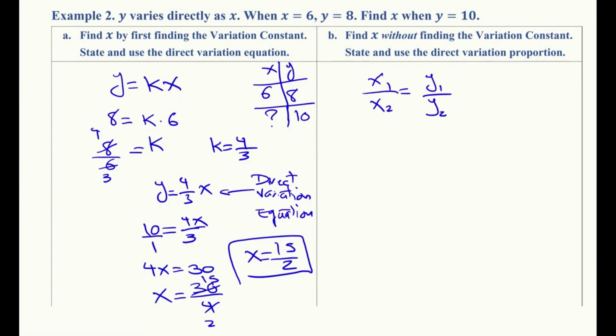So now you can see right here, we can think of this as x1 and what we're looking for is going to be x2, but in this case we're just going to write x for it because that's the only unknown here, equals y1, which is 8 over 10.